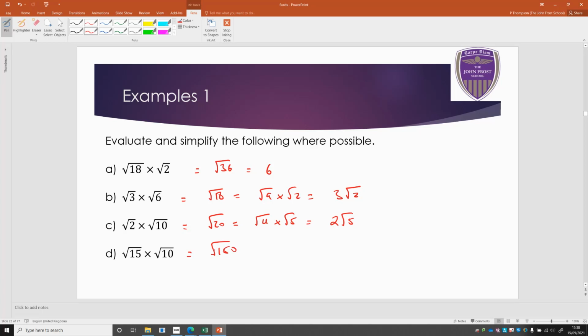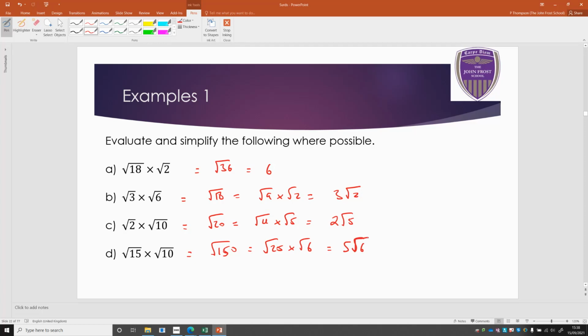And hopefully by now, we see if a number ends in, say, 50 or 25 or even 2 zeros, it's also in the 25 times table. And 25 is square. This is 25 times 6. Root 25 is 5. This is 5 root 6. Okay? Easy again. Sorry about my square root symbols. They're awful. That's 5 root 6.